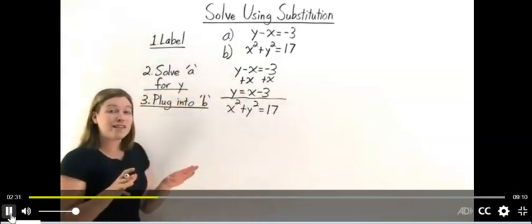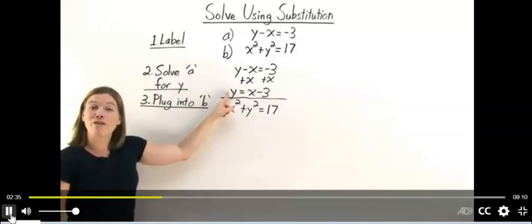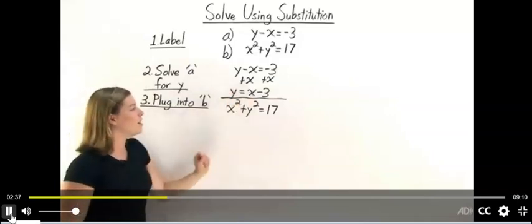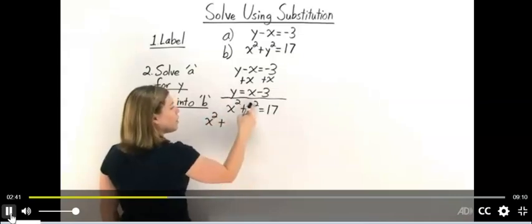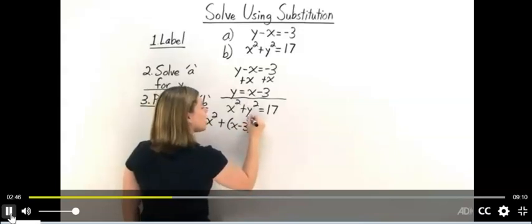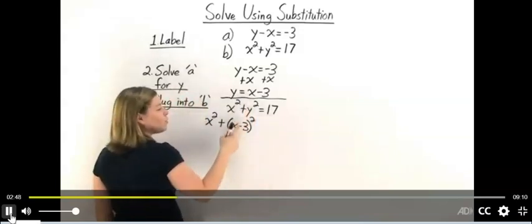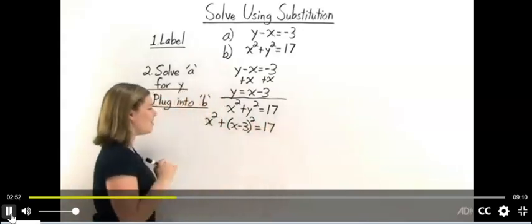Now we need to write this, but anytime we see a y, instead of writing y, we write what we found y to be equal to, x minus 3. So instead of y squared, we write x minus 3 squared. And that's equal to 17.